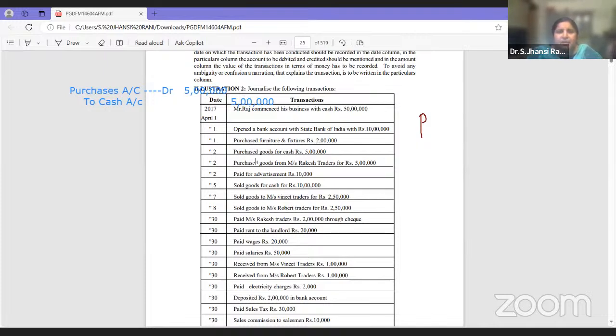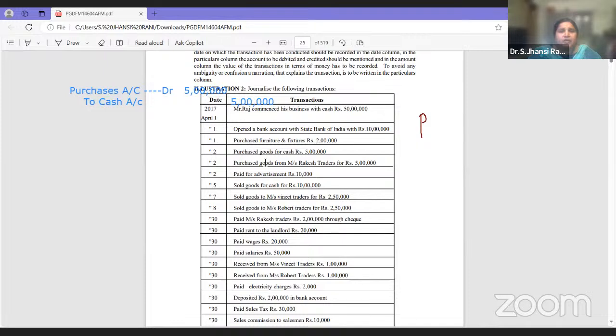But look at here, purchased goods from Rakesh Traders. Whenever they mention a name like this, they are not mentioning cash or anything else in the question. They are mentioning only purchased from so and so person. It means it is a credit purchase. Credit purchase means we will purchase today and make the payment at a later date.